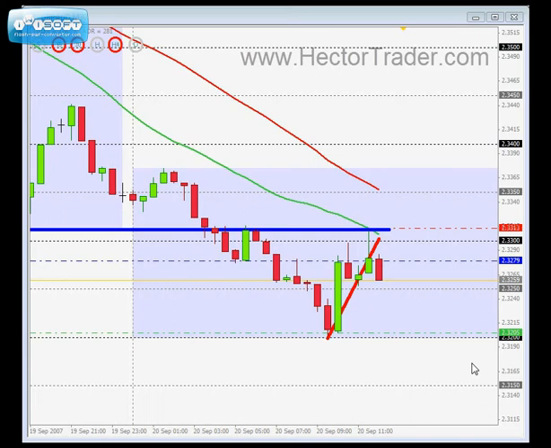But what I do is I read how price behaves upon the news. So I saw that the news was much better than expected for the GBP. The GBP rallied, but it couldn't take out previous elements of resistance, as I just explained.